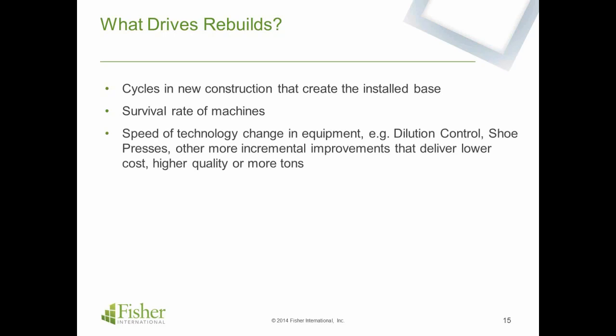Technology change and the pace of that change has a dramatic impact on rebuilds. Things like dilution control, shoe presses, other types of technological advances that will lower cost, improve quality, or increase productivity, all are things that will increase the rate of rebuilds.